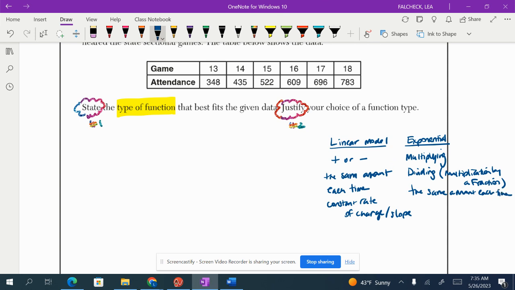Okay, and if they mention like a percent increase or decrease, then we're going to have an exponential model.